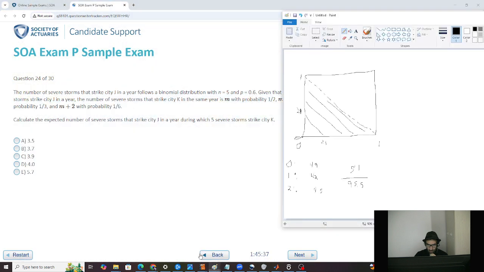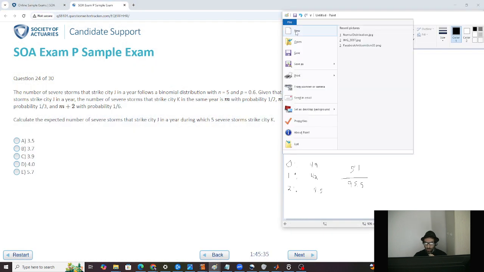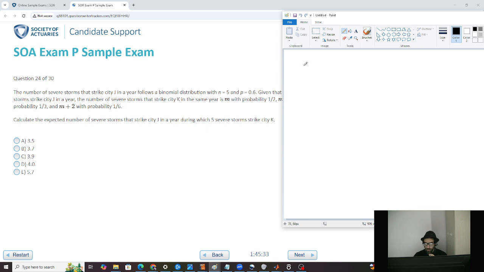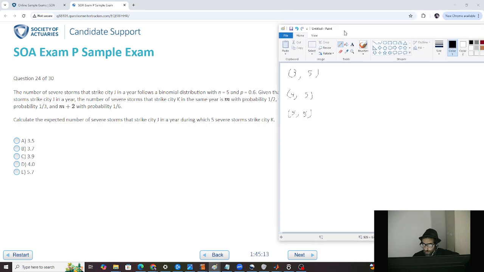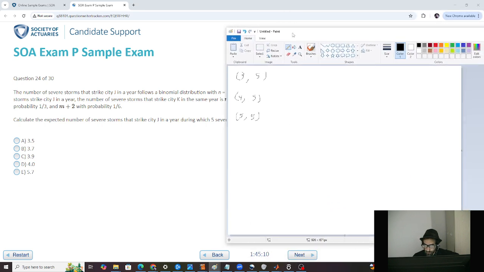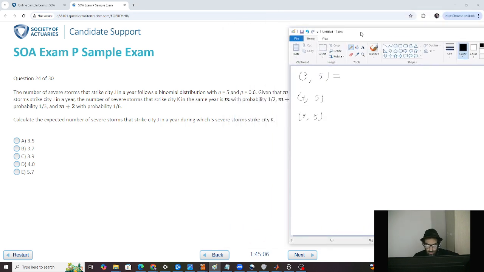So we have to think about 3 hit J, 5 hit K. We have to think about 4 hit J, 5 hit K, and we have to think about 5 hit J, 5 hit K. Because K is either equal to J, or 1 more than J, or 2 more than J. Okay. This one is going to be 5 choose 3, right?